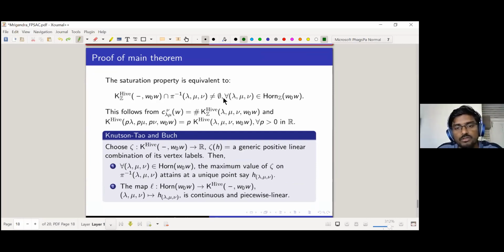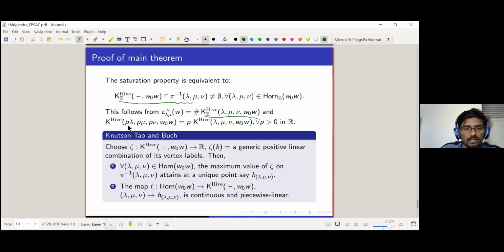Suppose this is non-zero for all lambda mu nu in this Horn Z W not W. If we prove this, the saturation property will be satisfied, because this intersection is exactly equal to this set, and the number of integral points in this set is exactly equal to the refined LR coefficient. So if this set is non-empty, then this is positive.